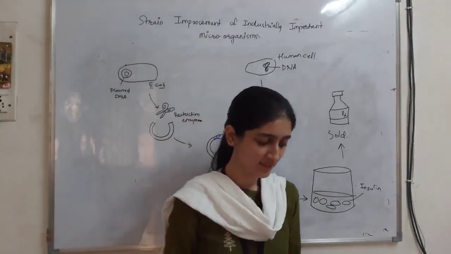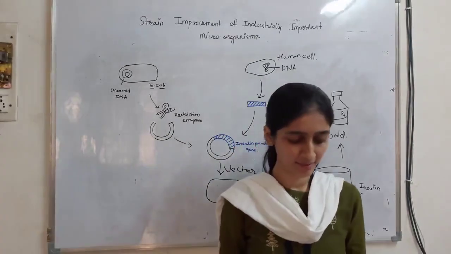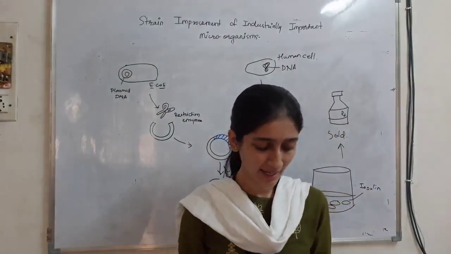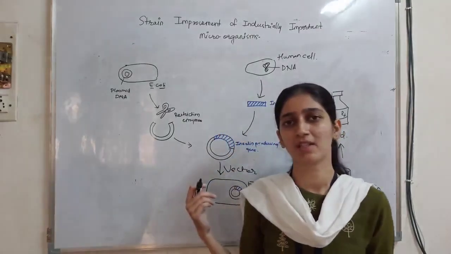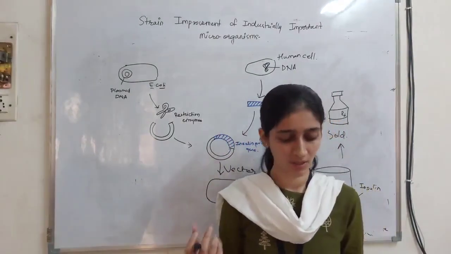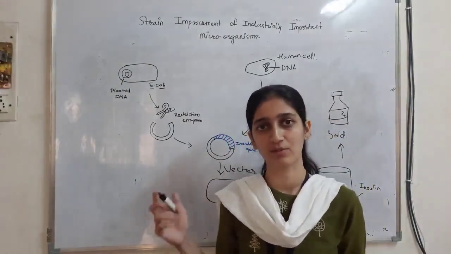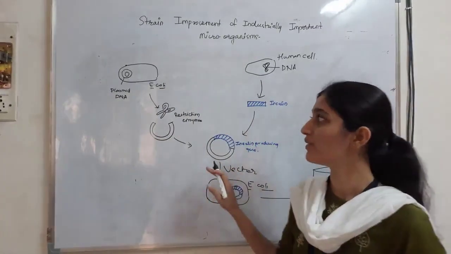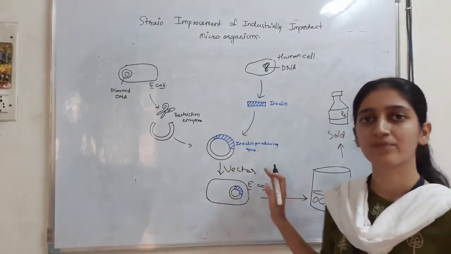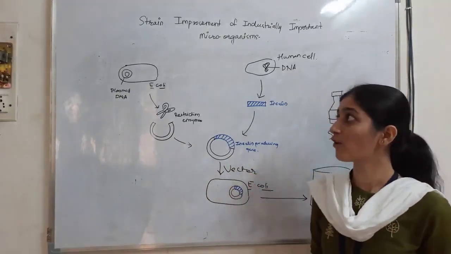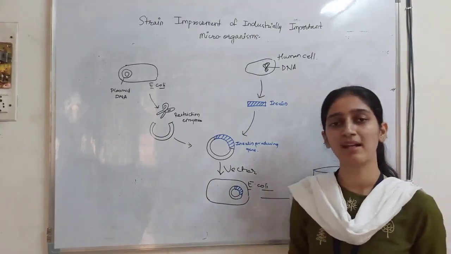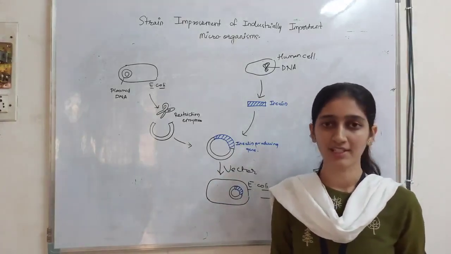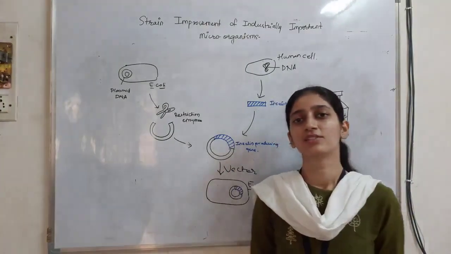Disadvantages are that the foreign DNA may be unstable and it might get eliminated by the restriction enzymes present in the bacterial cell, and there are no cloning vectors specifically available for industrially important microorganisms. So these are two disadvantages of genetic engineering, but this is the technique by which we can do it. And so we have covered strain improvement by mutation, genetic recombination, and by genetic engineering.